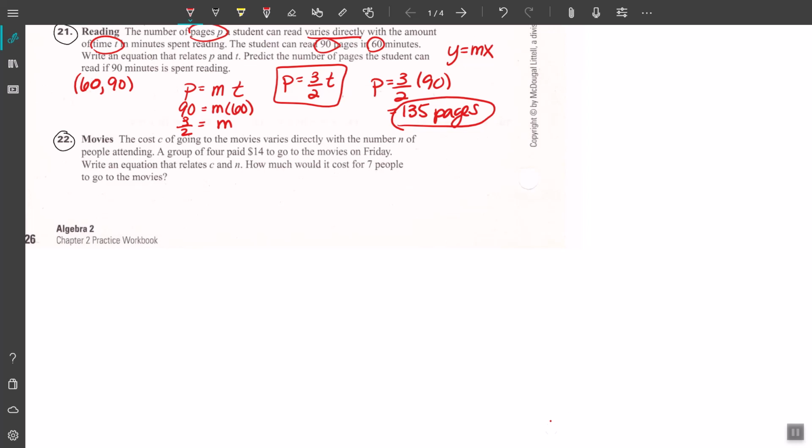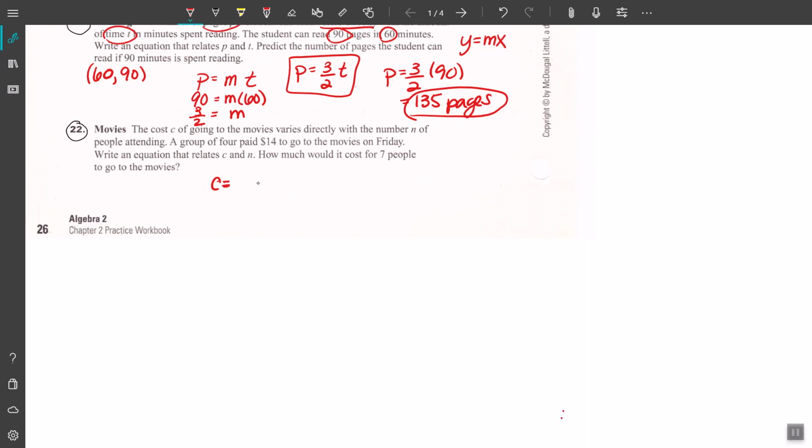All right, and then number 22 is the same idea. The cost C of going to the movie varies directly with the number N of people attending. So C varies directly with N. And I'm going to stick that m in there because we're going to calculate the constant of variation.